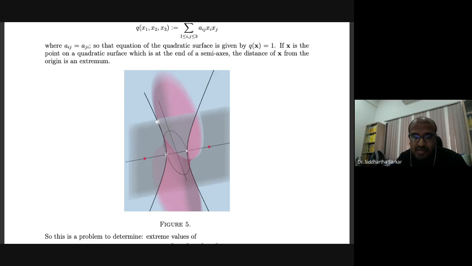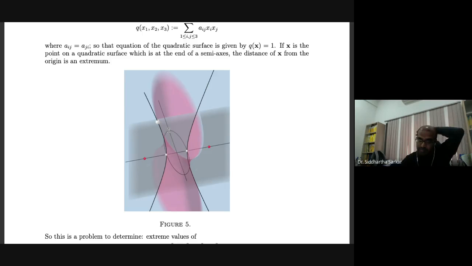So for instance, you get an elliptical section over here around the xy plane, and at the shortest semi-axis you achieve a minimum distance from the origin, and at the end point of the major semi-axis you achieve a maximum distance from the origin.